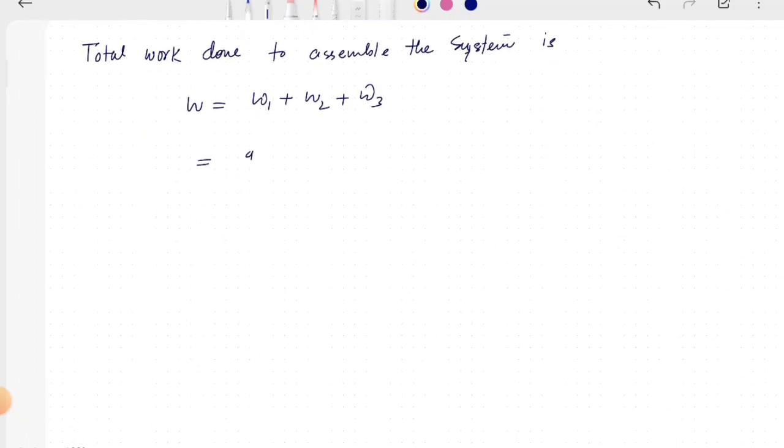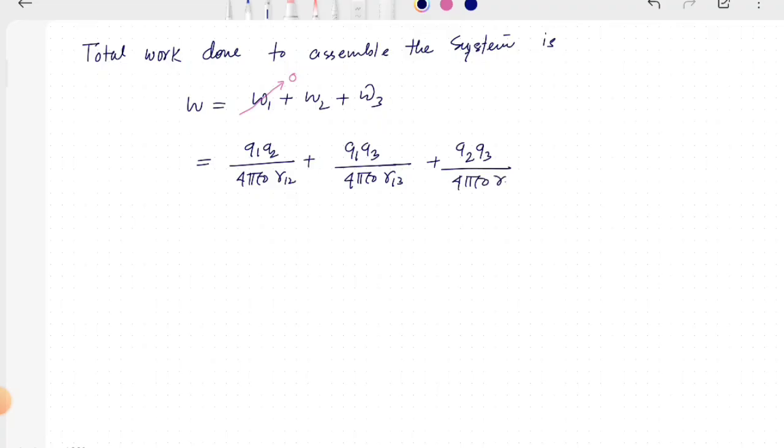W1 is equal to 0, because when charge Q1 is taken from infinity to a point, at that point there is no charge. Now W2 is equal to Q1 Q2 upon 4 pi epsilon naught R12 plus Q1 Q3 upon 4 pi epsilon naught R13 plus Q2 Q3 upon 4 pi epsilon naught R23.